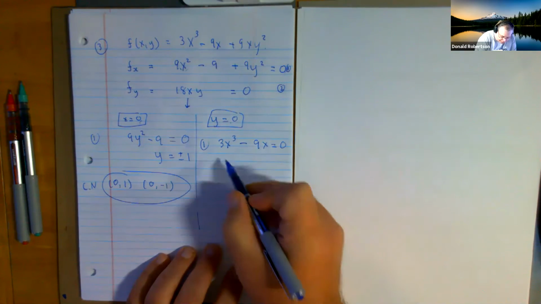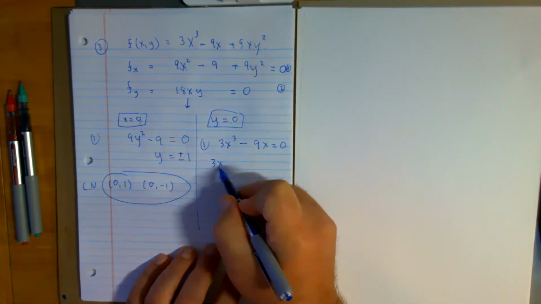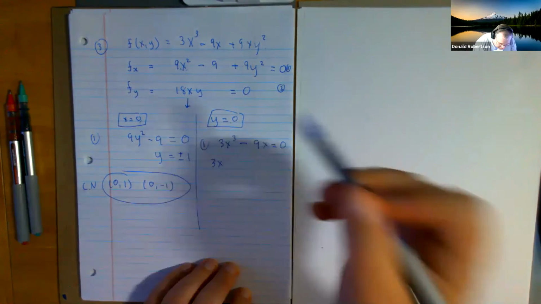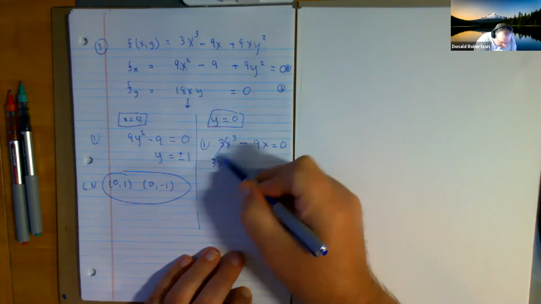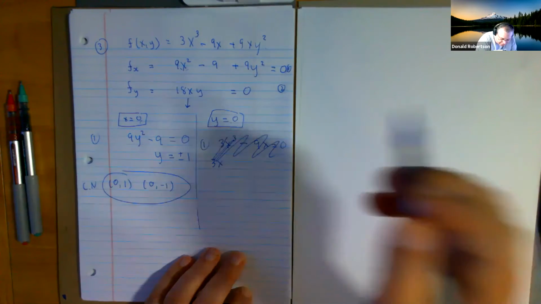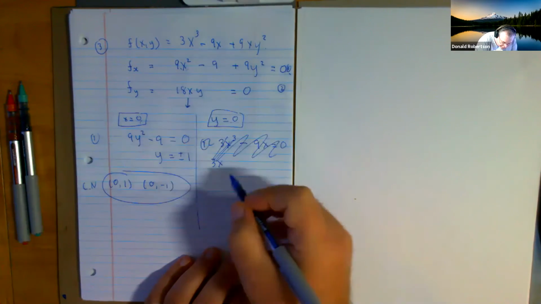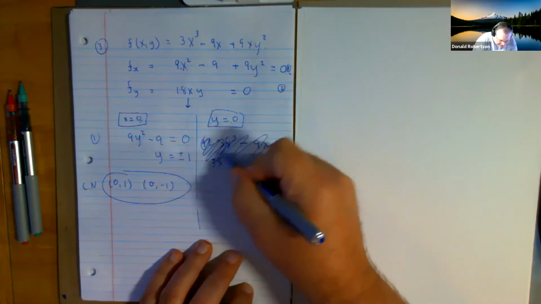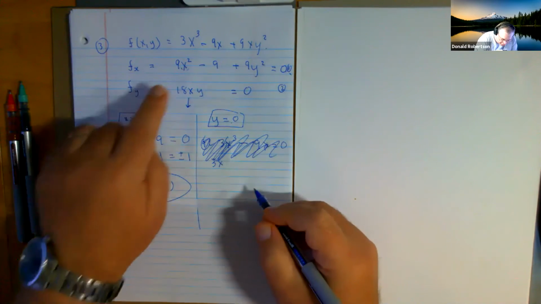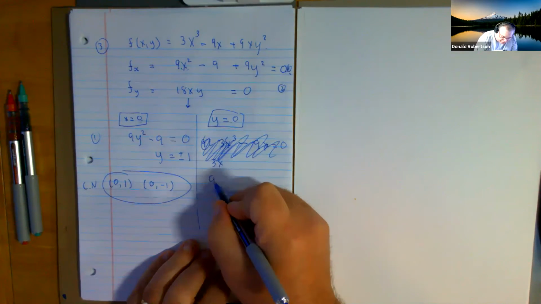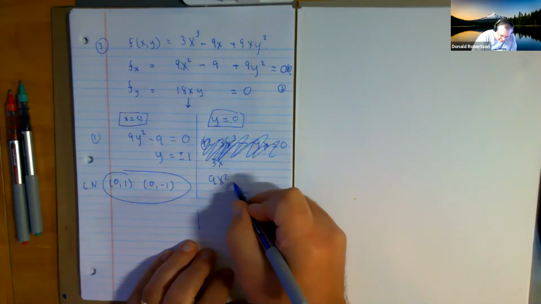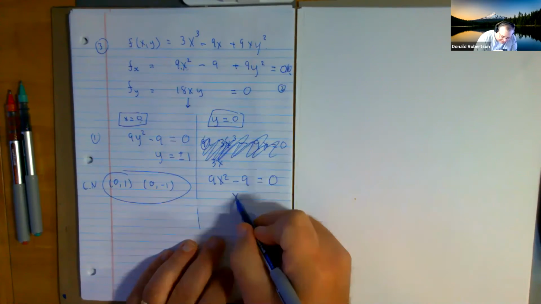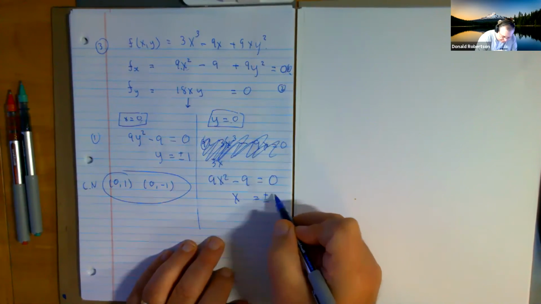If I pull out... Isn't that your original equation? Good, thank you. See? Catch me. This is equation 1. I'm going for the sympathy factor in a few seconds. If you take this one and you make y 0, you will get 9x squared take away 9, which is 0. And that ends up being x is plus or minus 1.